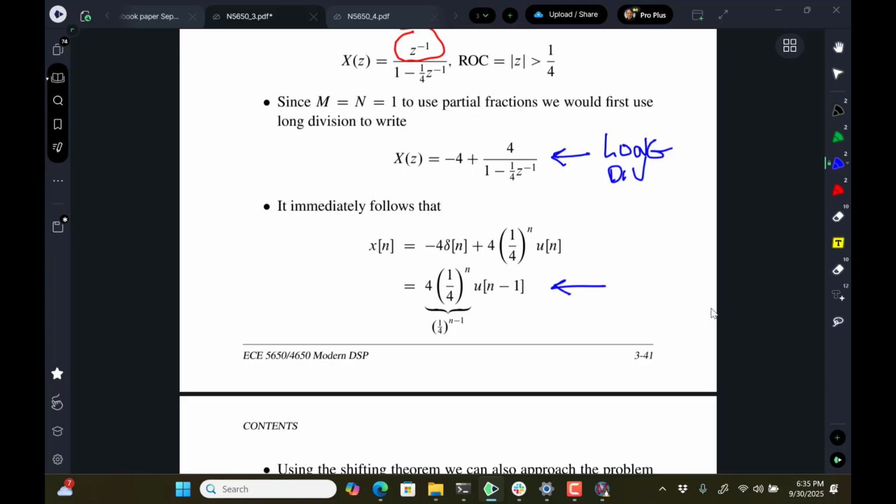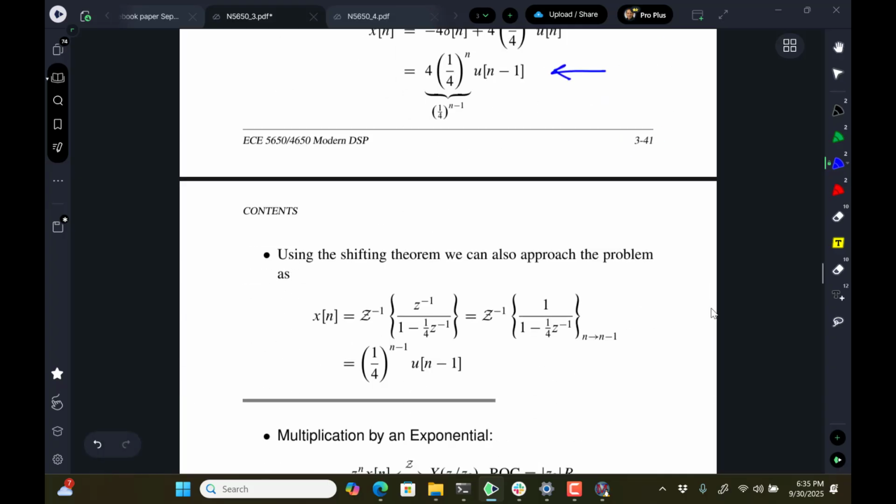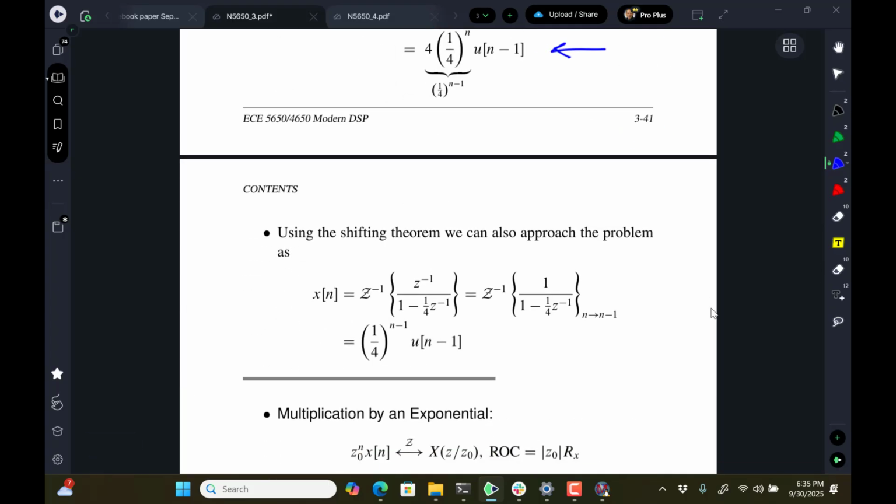Because I know that with that delta of n, that's going to cancel the first term in the u of n, because you have a minus 4 and we have a minus 4 plus 4, so we end up with effectively 1/4 to the n minus 1 times u of n minus 1, and that would have happened if you would have just recognized the delay theorem from the get-go. See how that saves you a lot of grief.